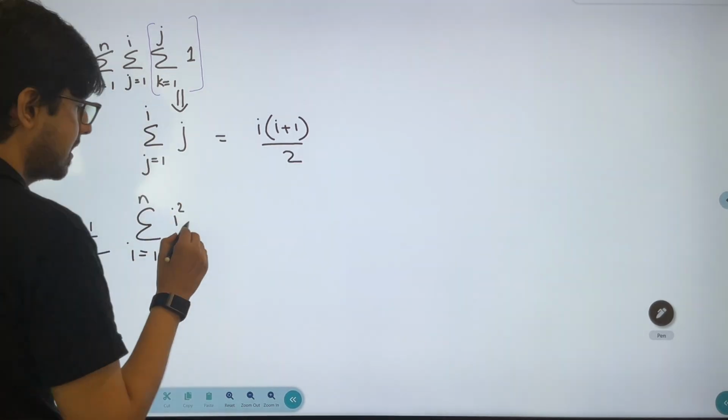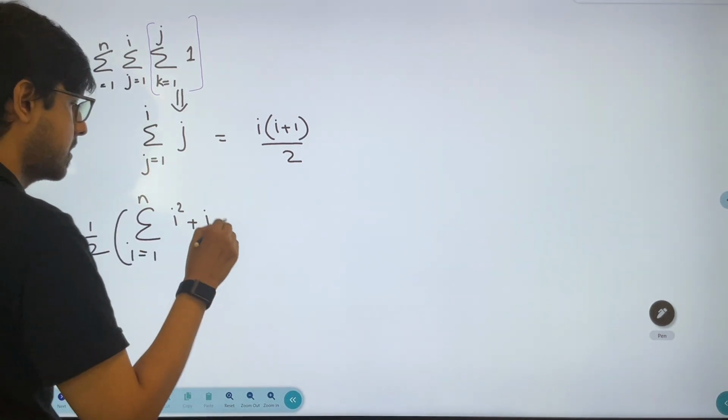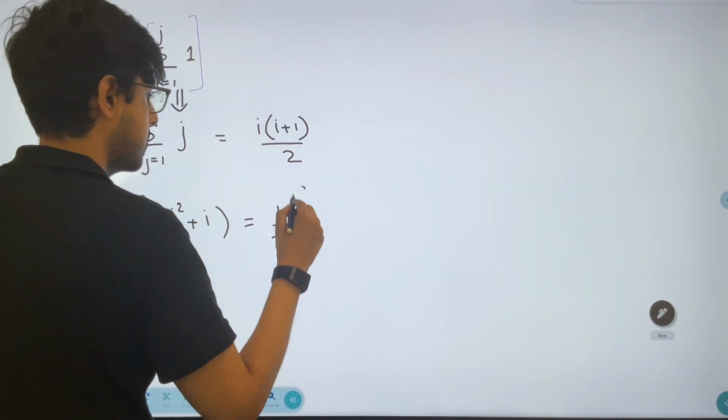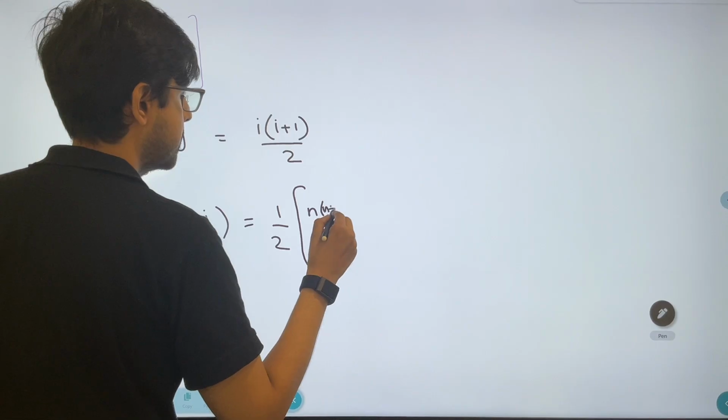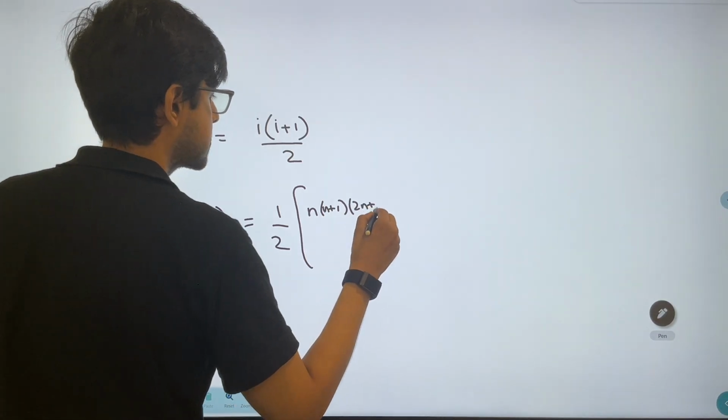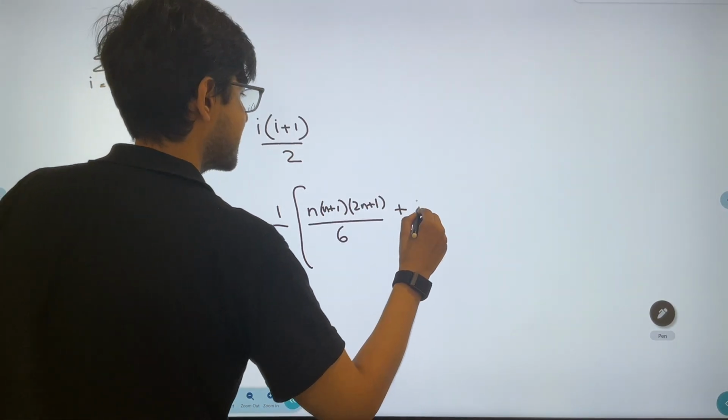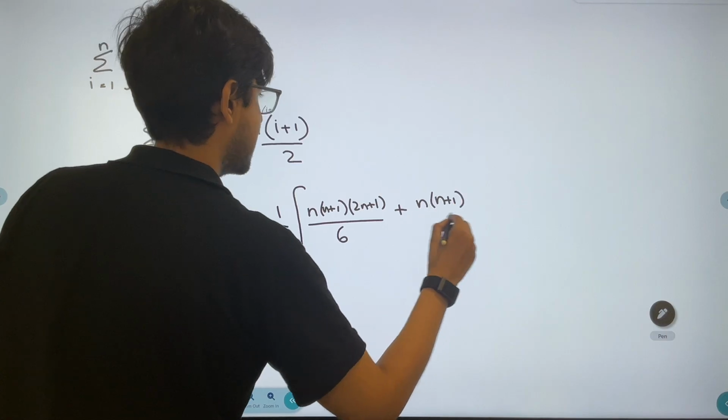half, I can take the half outside, i square plus i, which is equal to half into n into n plus 1 into 2n plus 1 by 6 plus n into n plus 1 by 2.